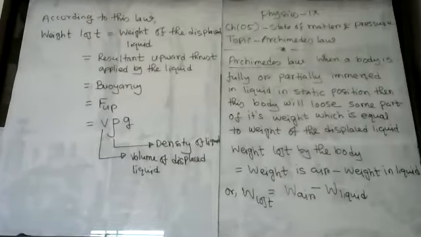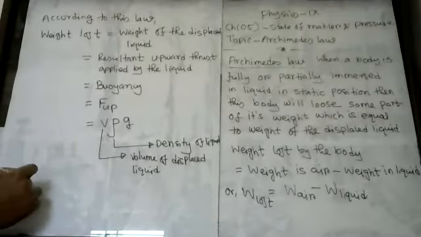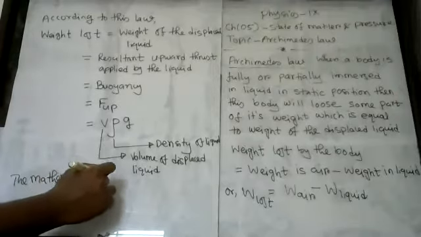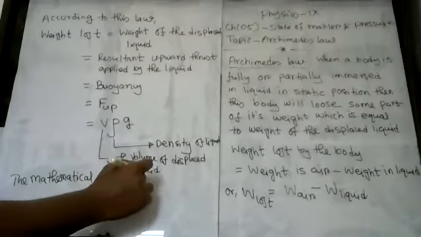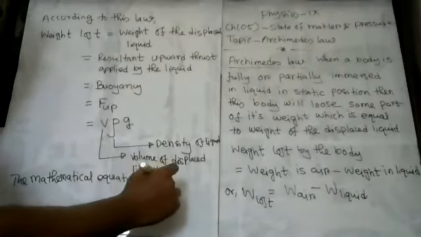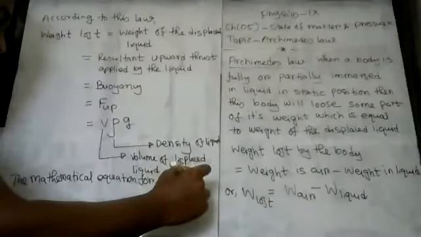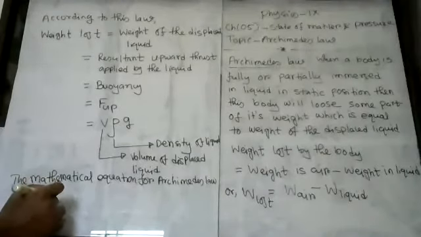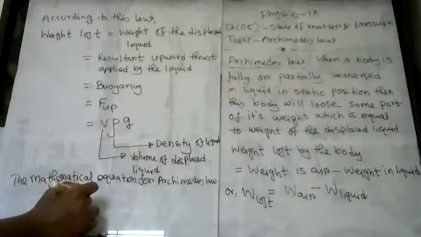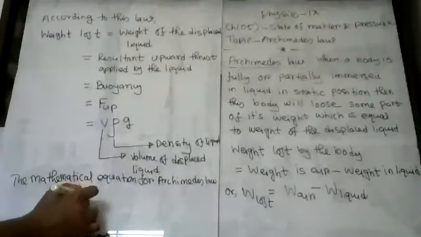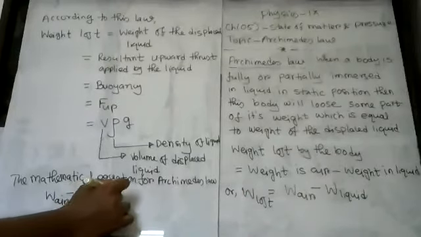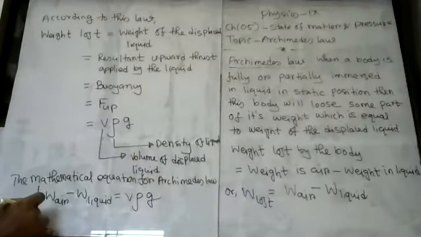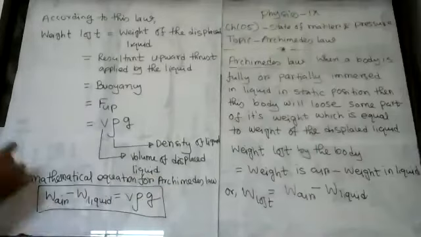The mathematical equation for Archimedes' law is weight in air minus weight in liquid, my dear students, equals V rho G. My dear students, this is the mathematical formula for Archimedes' law.